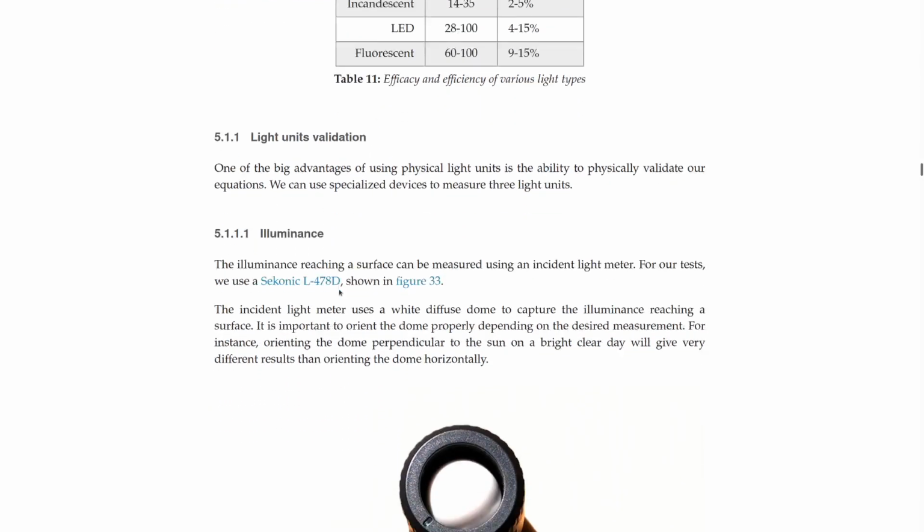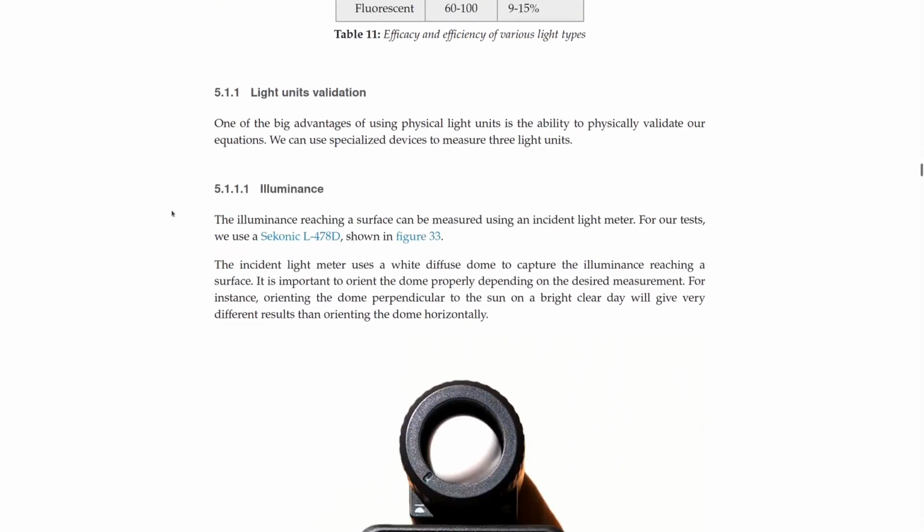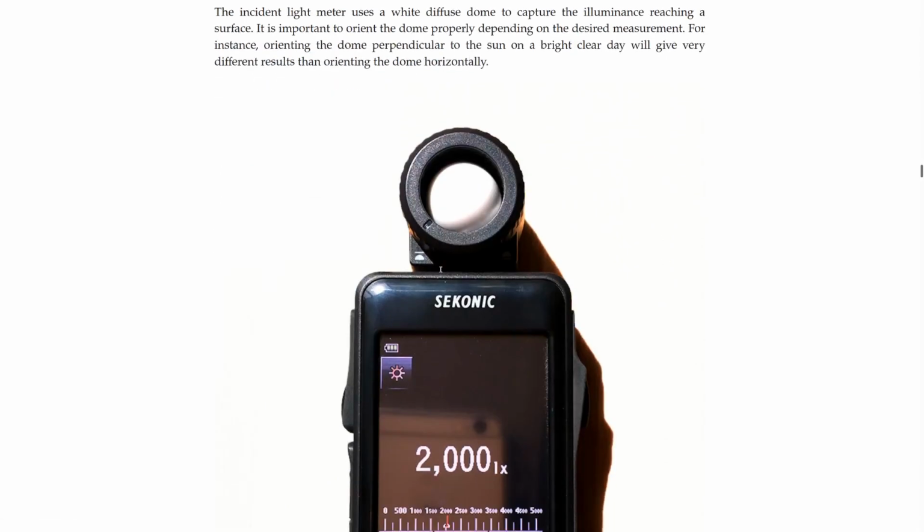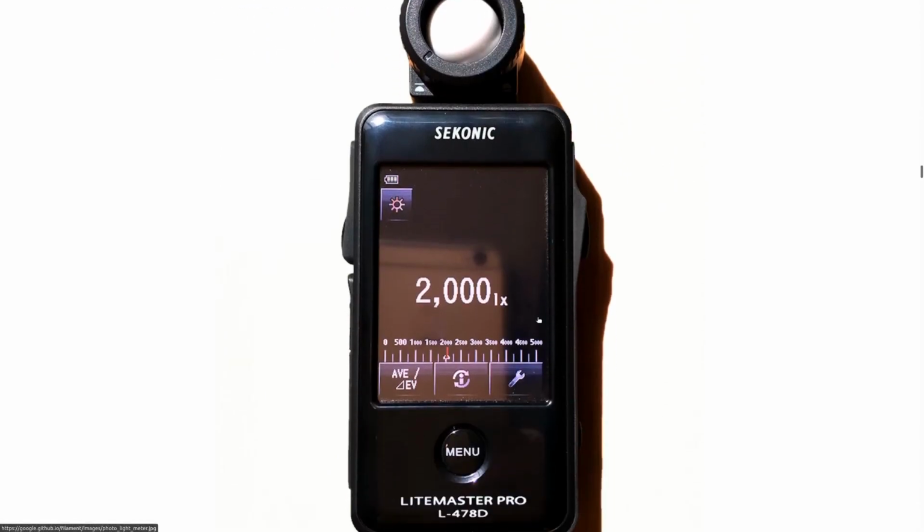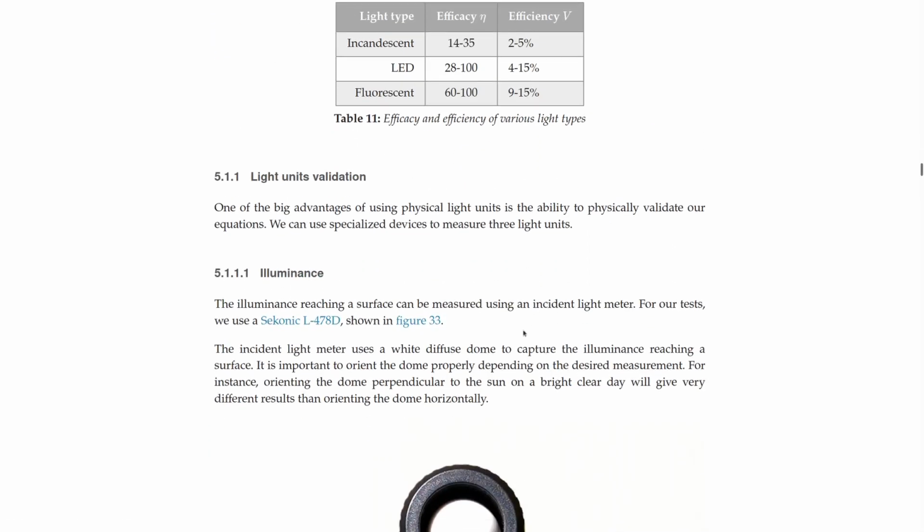To validate illuminance, you can look at the amount of light reaching a surface by measuring with an incident light meter. For our tests, we use this unit shown here. So I guess that's looking at the amount of lux.